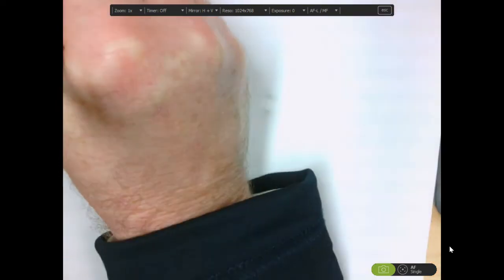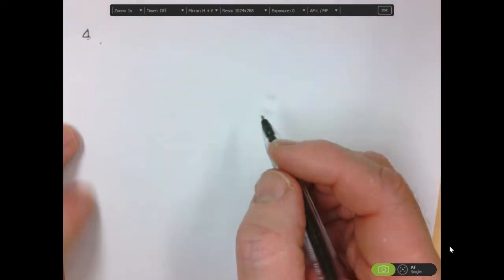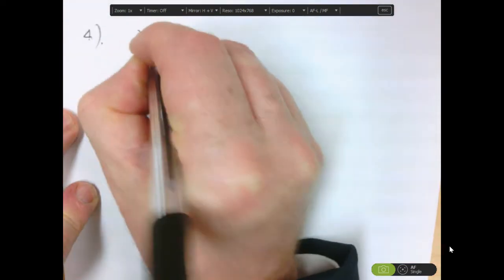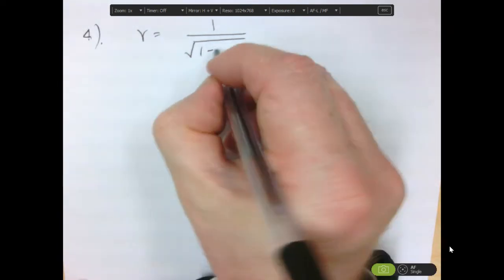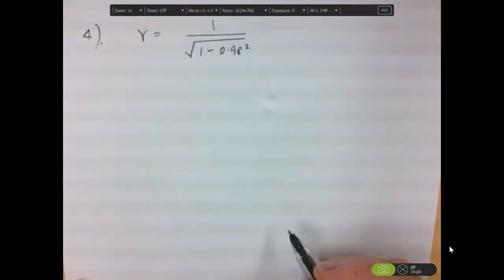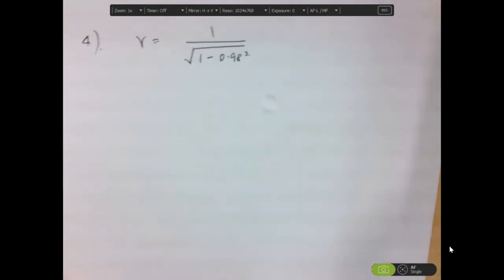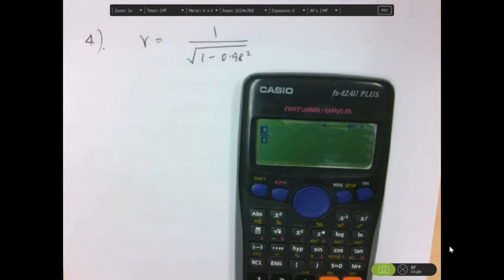So question 4, let's move it into position. Question 4 has a gamma factor, which is 1 over the square root of 1 minus 0.98 squared, because we're at 98% of the speed of light. So let's calculate that gamma. Oops, what have I done wrong?